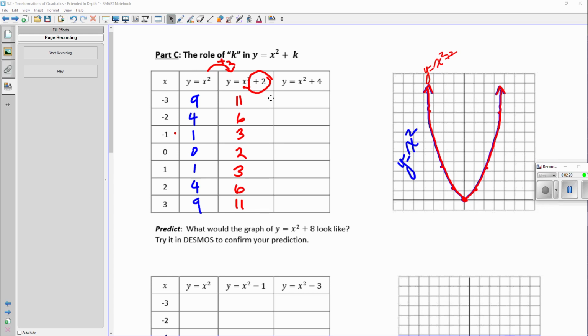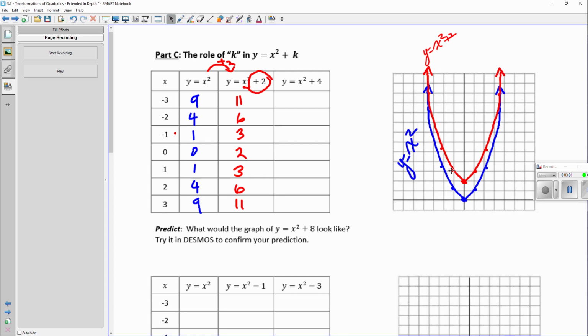And what that allows us to do is think of our x squared as being literally pushed up to our new vertex point being at 0, 2. So all of the points in our graph have shifted up by 2.